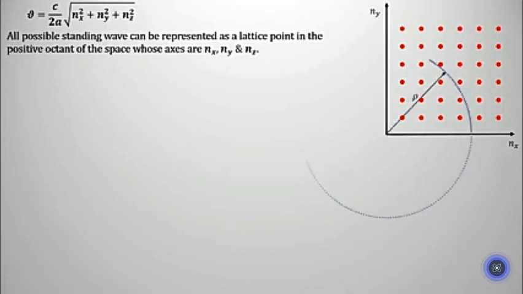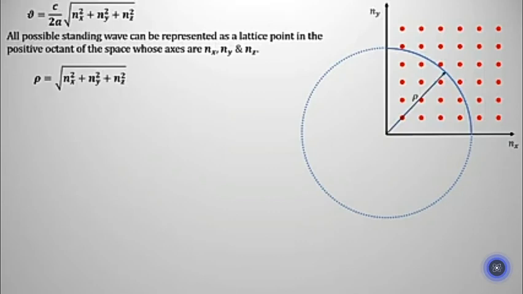In this coordinate system, if we draw a sphere of radius rho, then rho will be equal to the square root of nx square plus ny square plus nz square, same as r, which is equal to the square root of x square plus y square plus z square in the Cartesian coordinate system. So rho will be equal to 2a nu by c. Therefore the frequency nu is equal to c rho by 2a.